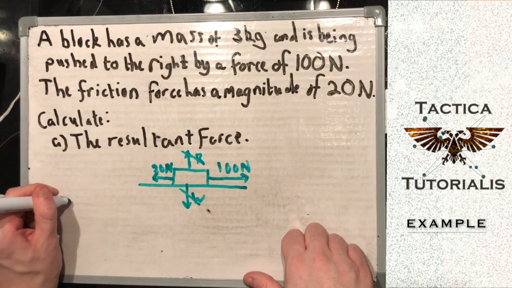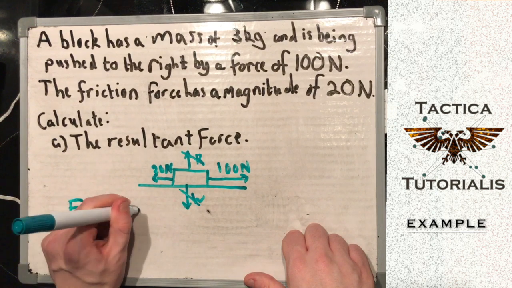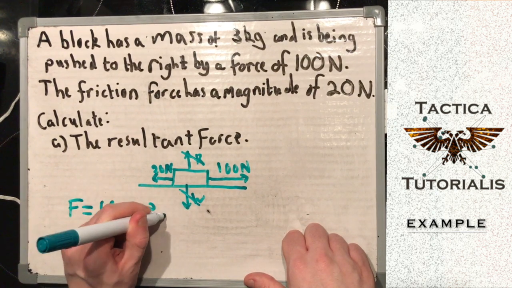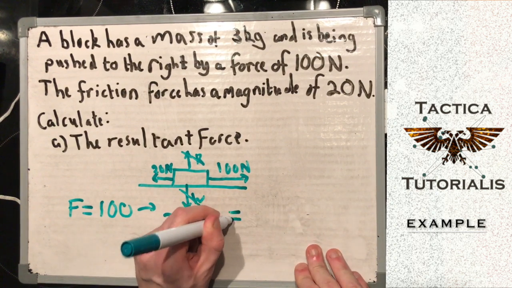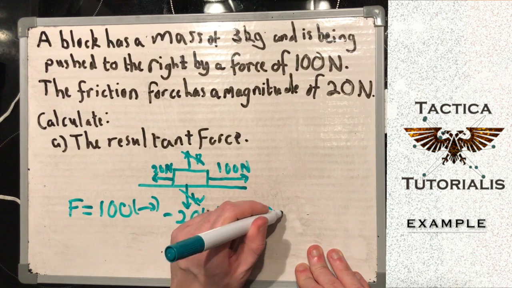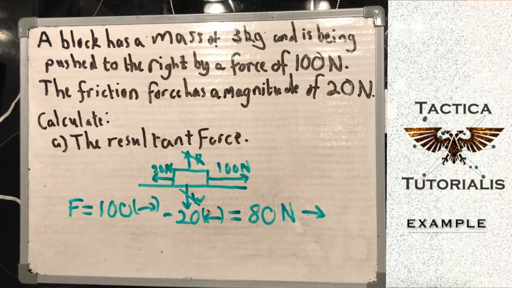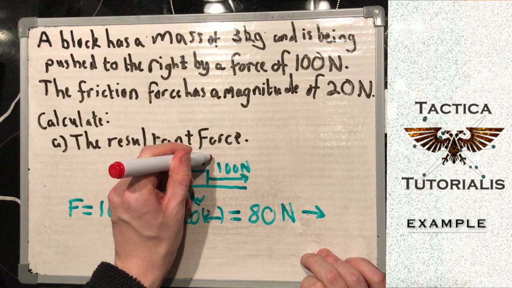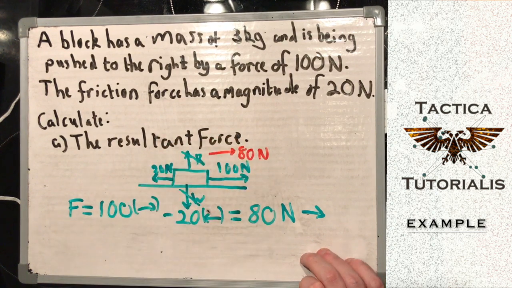So my resultant force is 100 to the right, take away 20 to the left, and that leads to 80, I'll put those in brackets, is 80 newtons to the right. That is the resultant force, and sometimes they might ask you to draw that on. So the resultant force is a little bit shorter. It is 80 newtons. That is your resultant force.